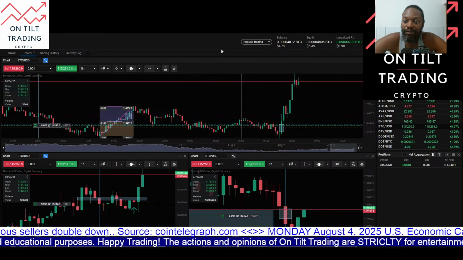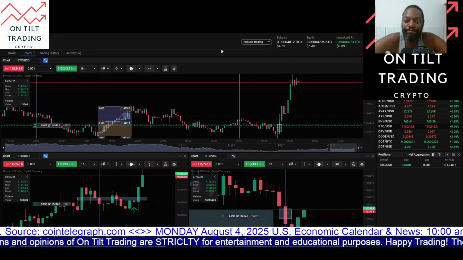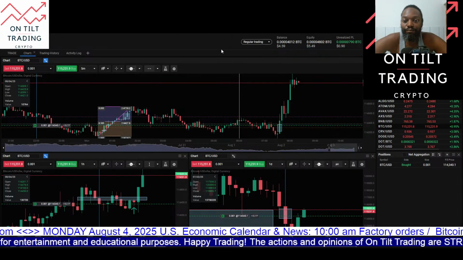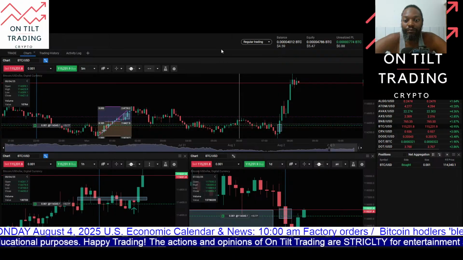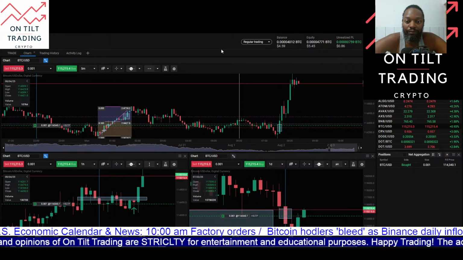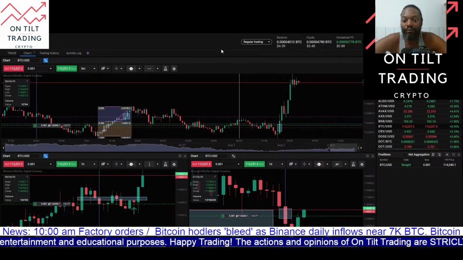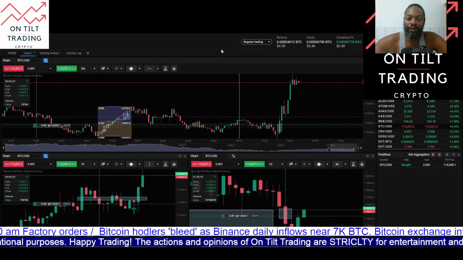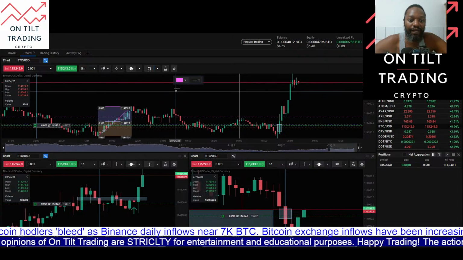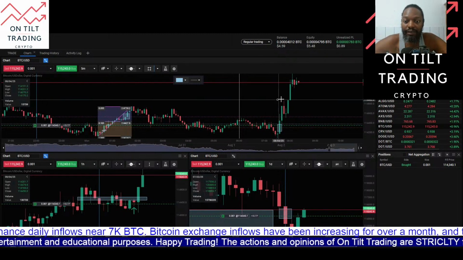Now 115.250. So this has already put in another fair value gap here on the 5 minute, and potentially putting in another fair value gap on the 60 minute.